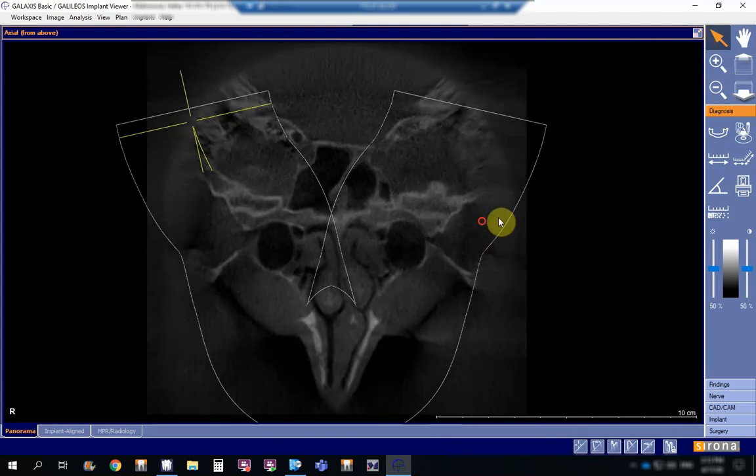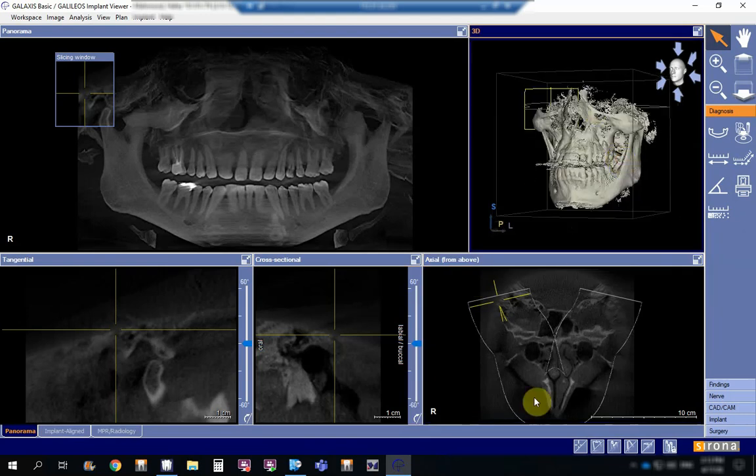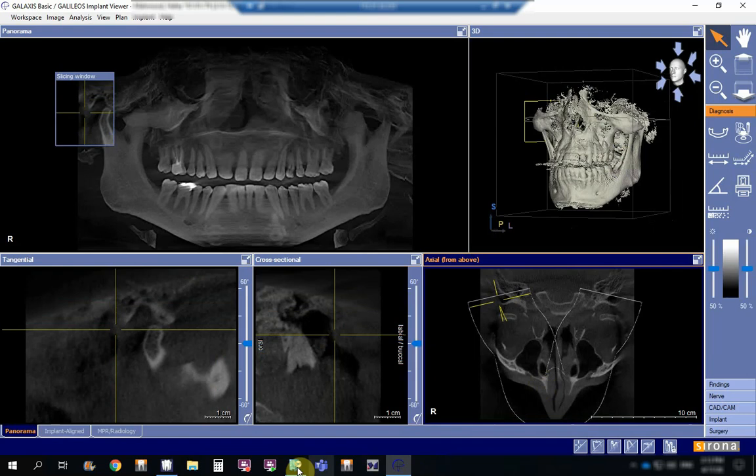Okay, I'll go back again. See where we have gone now. This is the maximum that we can go to at this level.